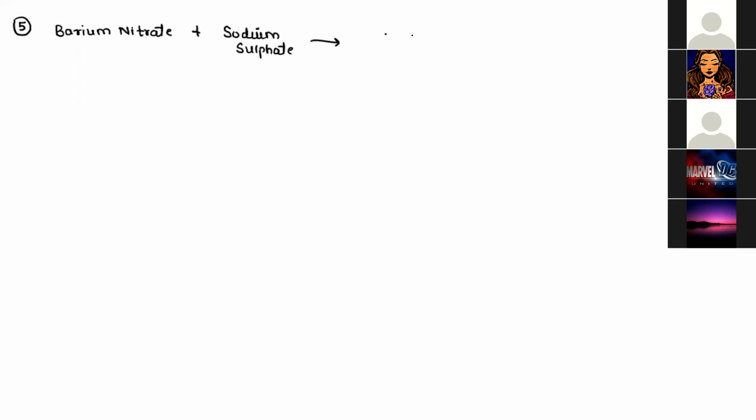You have to predict. And the sixth one: copper nitrate on decomposition. The type of reaction, as I have told you, for the sixth one is decomposition. Write the reaction, predict the product.